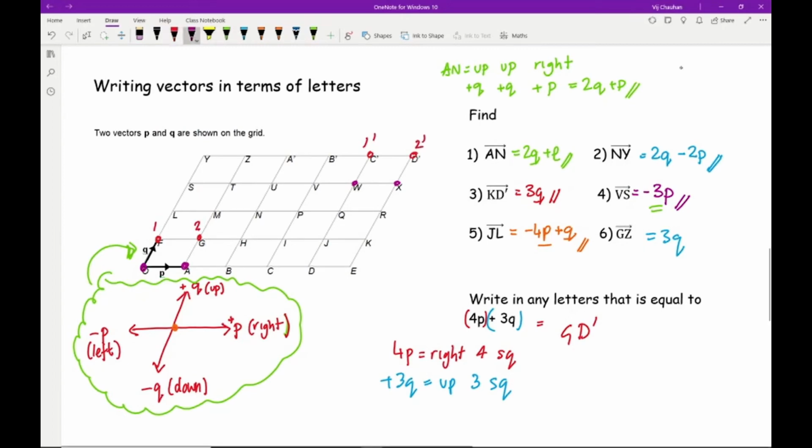If I start at O, I'm going to end up at, if I just label that 1, that's going to be 1 dash. And if I start at A, which I just called 2, that's going to be 2 dash.